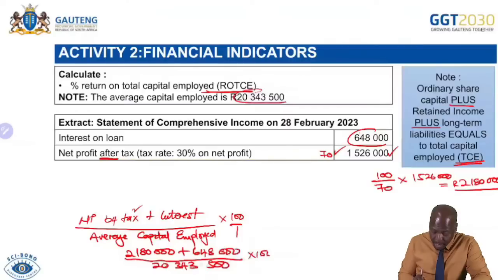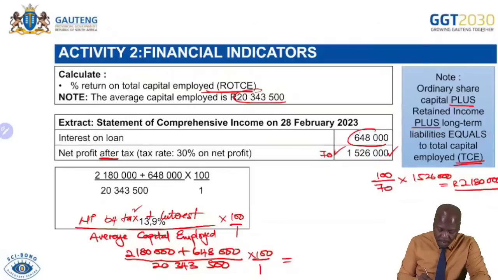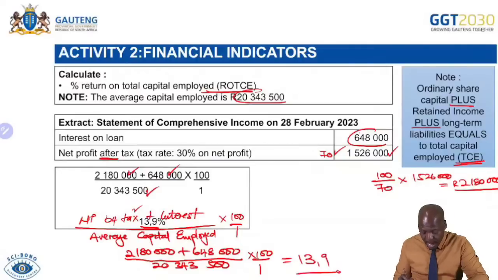Then I multiply this by 100/1. After I've punched all of this in the calculator, I should get my answer. I have my 2,180,000 plus the 648,000, and I end up with 13.9%. Very important that, as I said earlier on, you need to know your formulas.